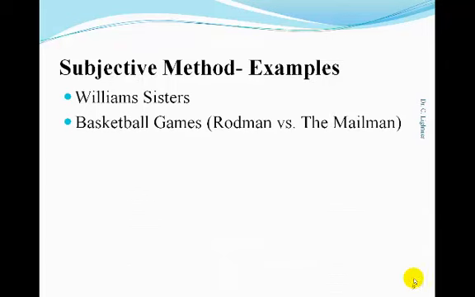Subjective method examples. First, the Williams sisters. Historically, whenever the Williams sisters will meet up against one another in a championship game, we have seen that the individual playing record of the sister for that season has often not been useful in predicting which sister would prevail in the championship.